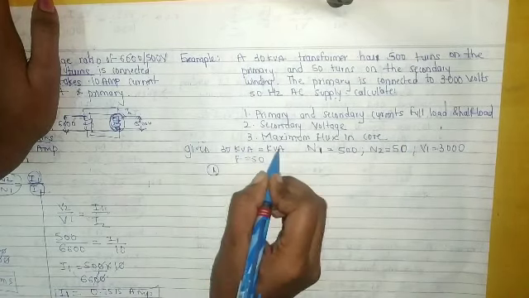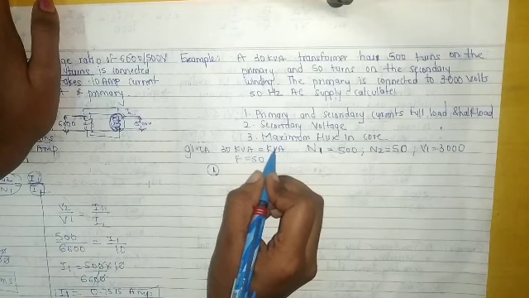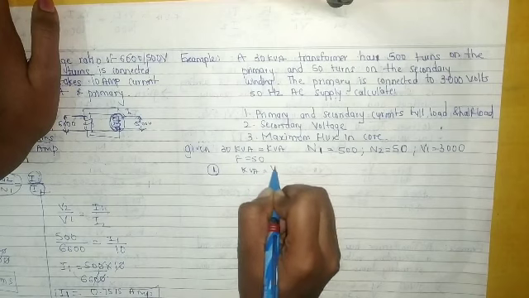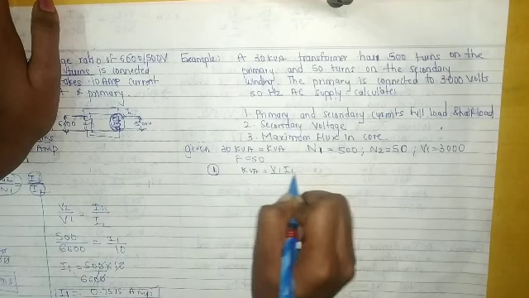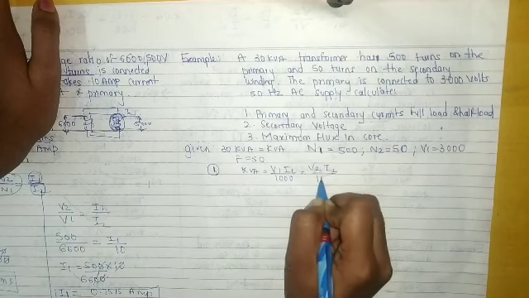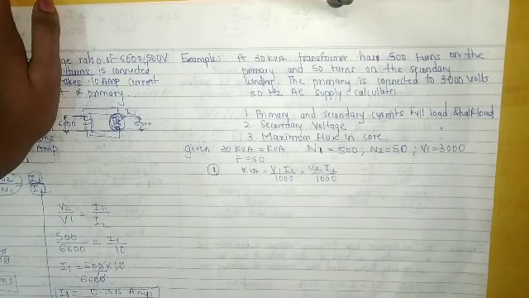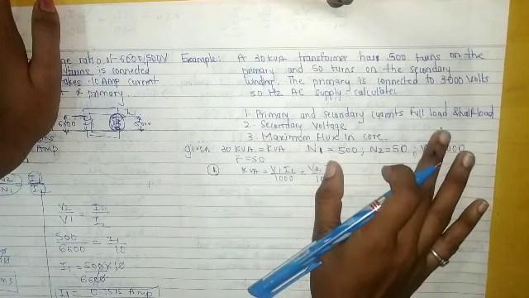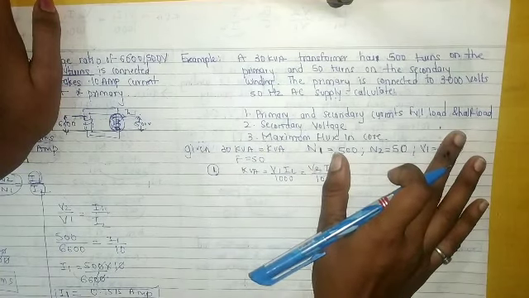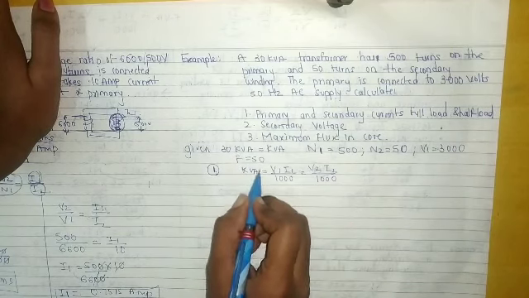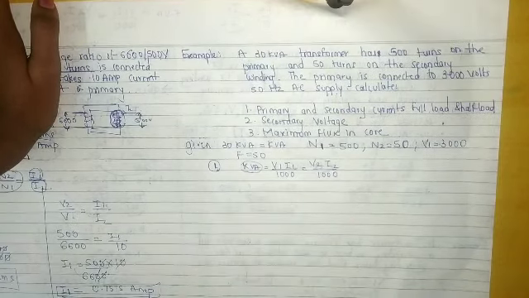So we know kVA, right? From here, kVA is equal to V1 I1 divided by 1000, which is equal to V2 I2 divided by 1000. So what do we have to find? Primary and secondary currents at full load and half load. We know this 30 kVA is 30.